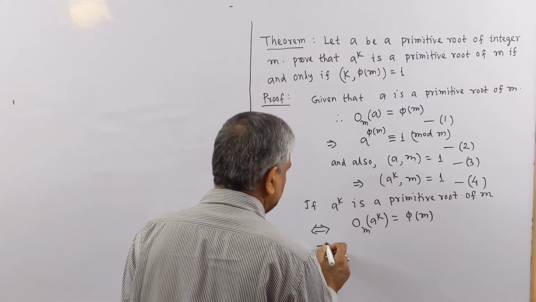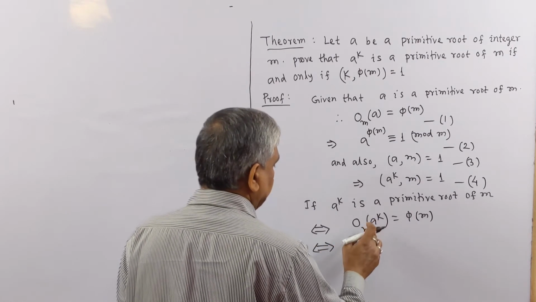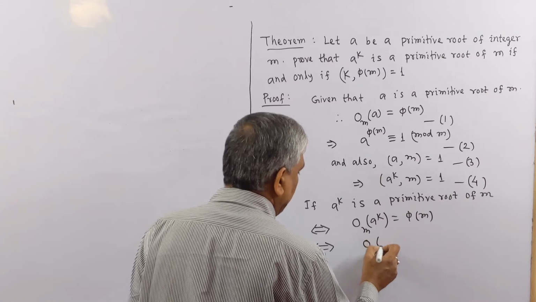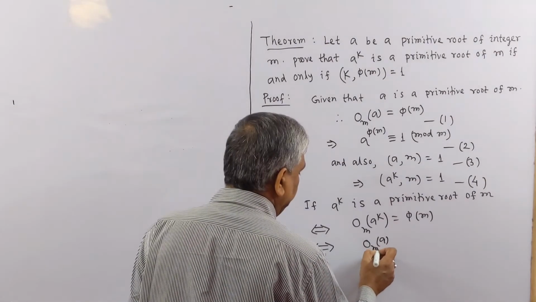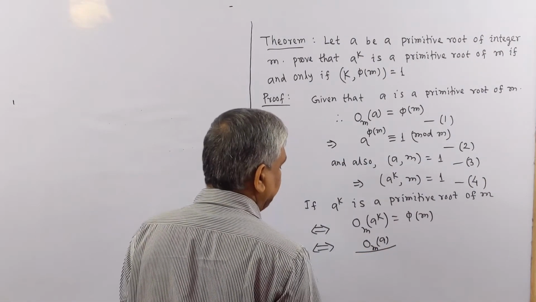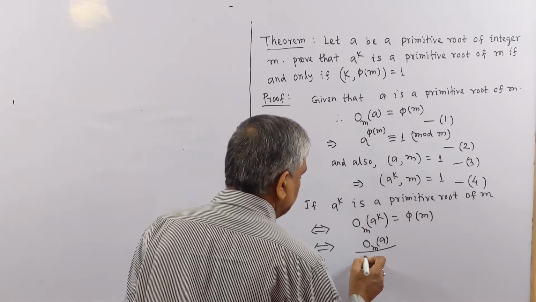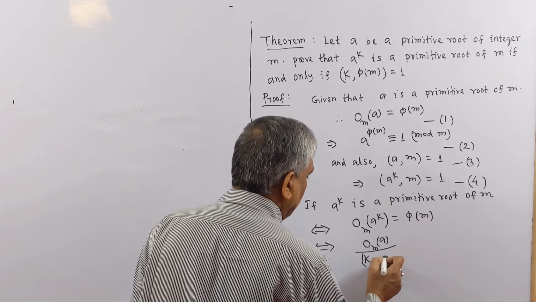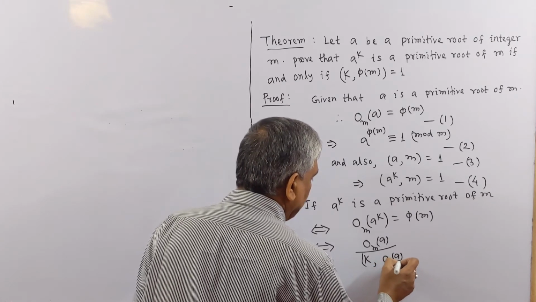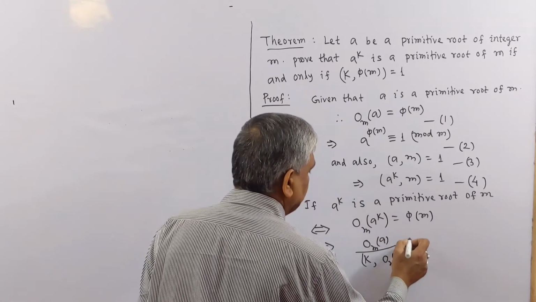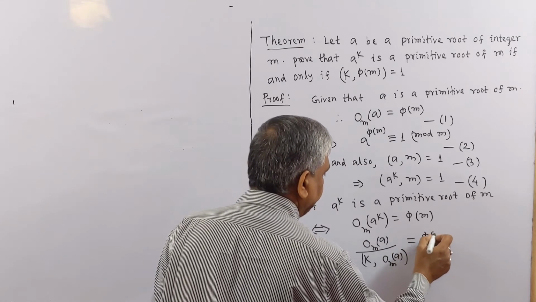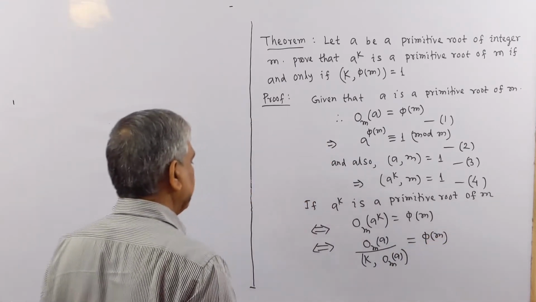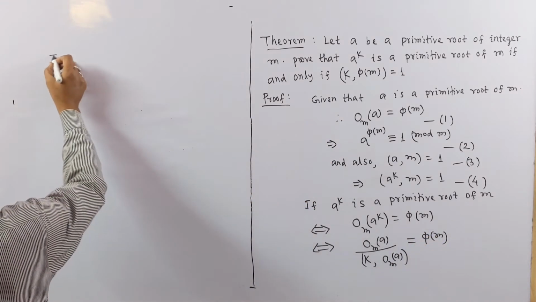And double implication, this equals order of a modulo m divided by GCD of k and order of a modulo m. This is equal to phi m.